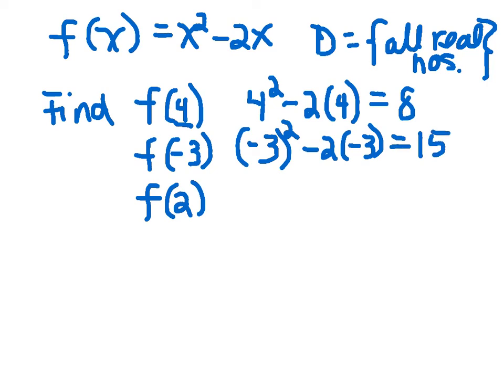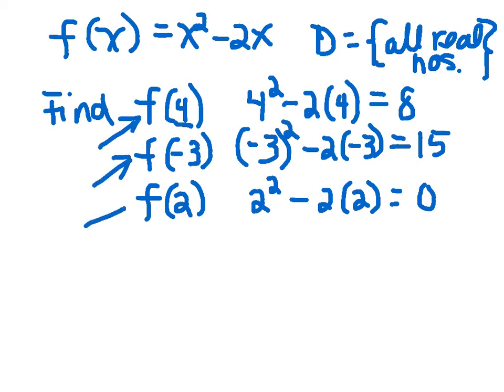F at 2 would be 2 squared minus 2 times 2, or 4 minus 4 equals 0. So now we don't have to say the range equals this particular thing. It just means these are the numbers that come out in these specific situations.